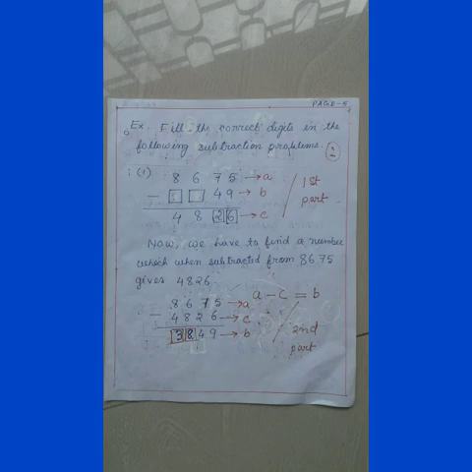Let us check an example. On the screen, I have written one problem with some black boxes. You have to fill up the black boxes with suitable digits. I have solved the problem in 5 steps. Step number 1, I have written the problem.